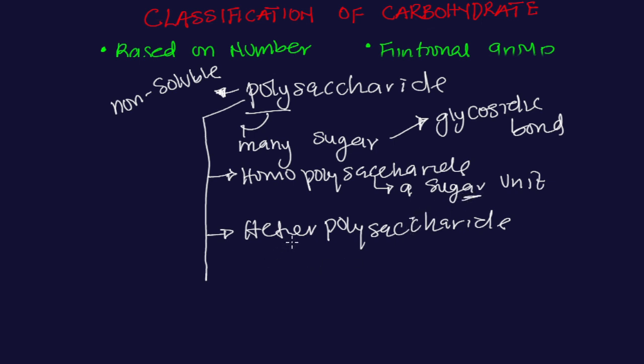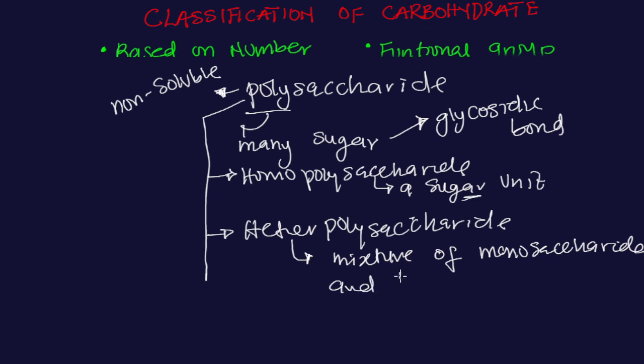And in the case of heteropolysaccharide, whenever you hydrolyze it, you are going to have a mixture of monosaccharide and their derivatives. So hetero simply means it contains a mixture of different biomolecules. That's what they have in heteropolysaccharide.